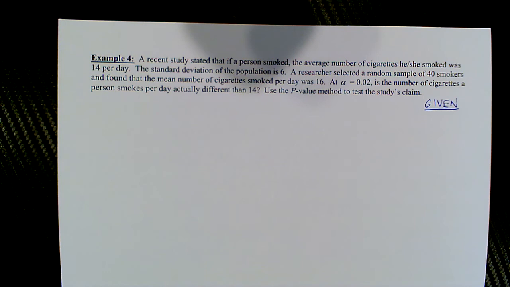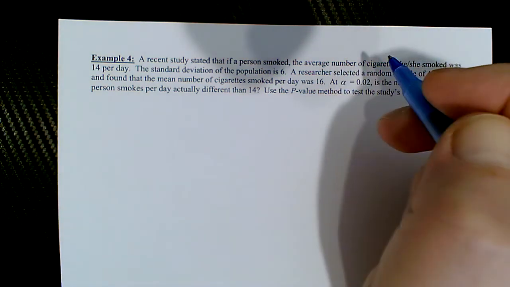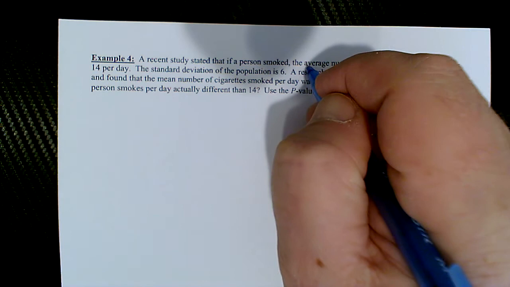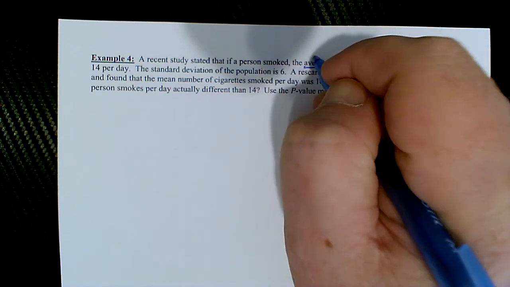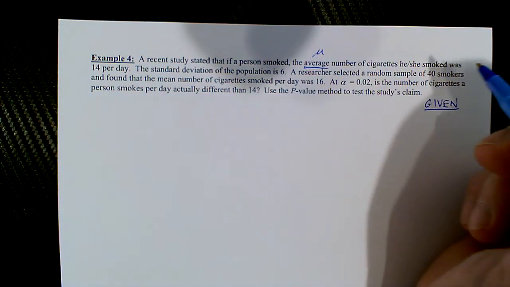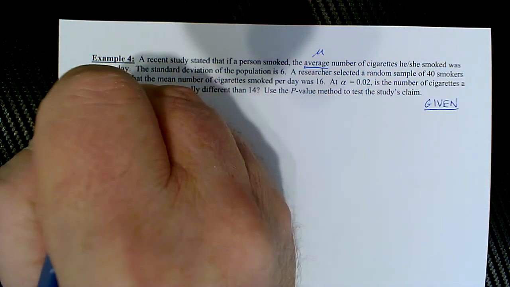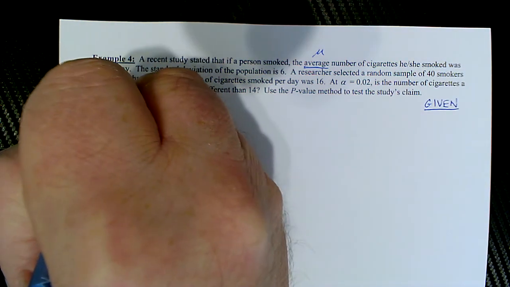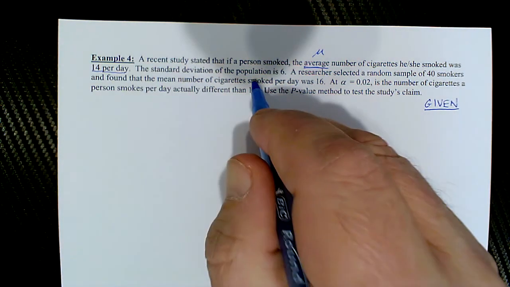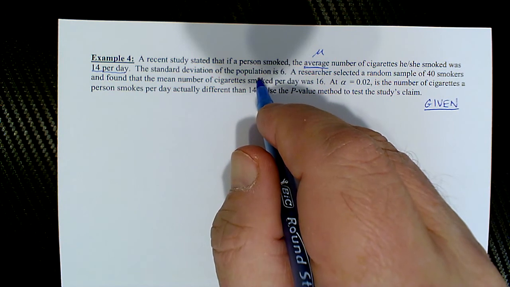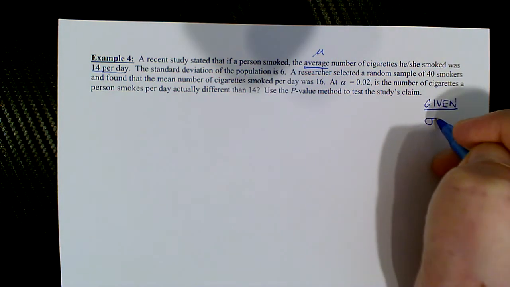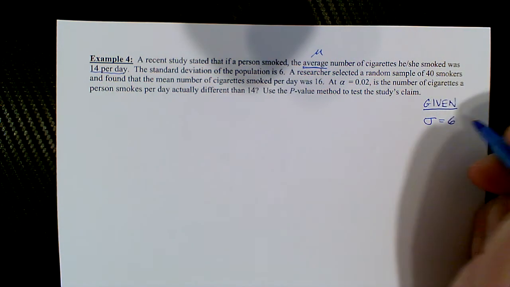Here, a recent study stated that if a person smoked, the average number, so an average is their mean, was 14 per day. So that has to do with the claim. The standard deviation of the population is 6, so sigma is 6.